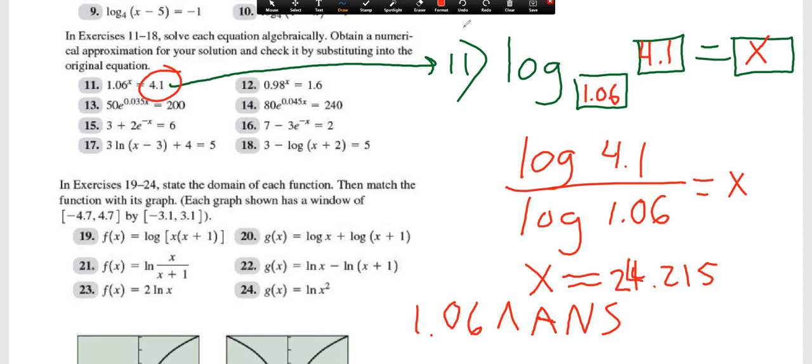Now, suppose I typed in my 24.215, I rounded off what he told me, and I come out with 4.099999763. Is that pretty close to 4.1? Sure it is. I only got that mistake because I rounded off the value.